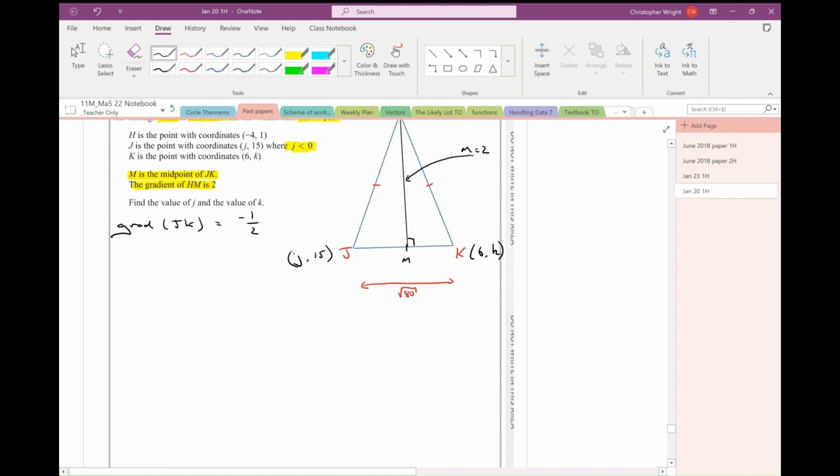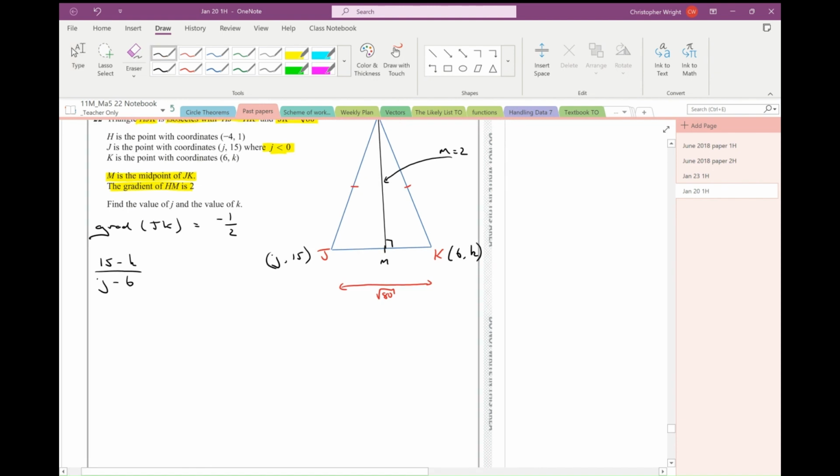I'm going to do the coordinates of J minus those of K. So the rise is going to be 15 minus k, and the run is going to be j minus 6. So that's the gradient, looking at the coordinates, and I know that that equals minus a half.